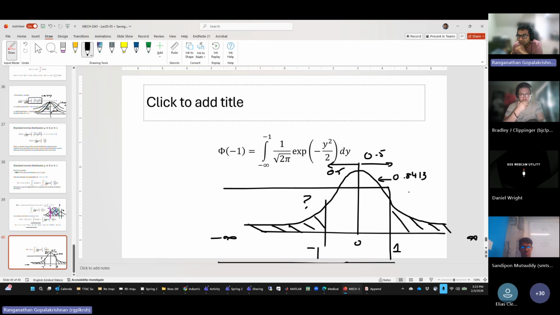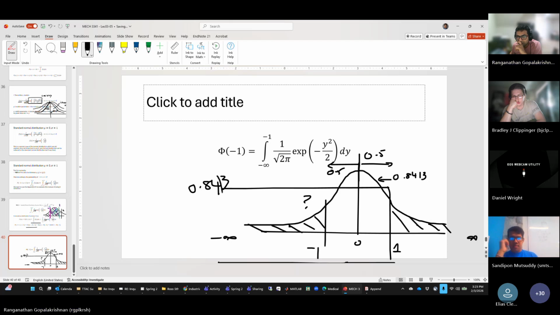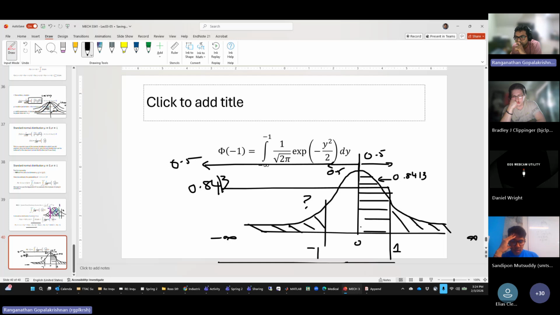So how much is contained? So this is 50%. This is 84% or 0.8413. This line is 0.5, which means how much is this zone or this area?